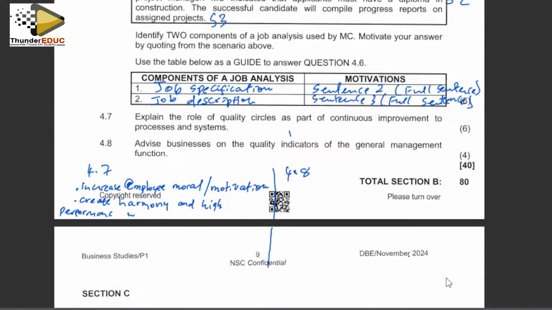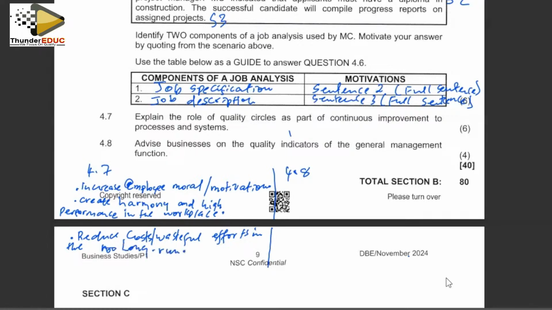And lastly, reduce costs or wasteful efforts in the long run.